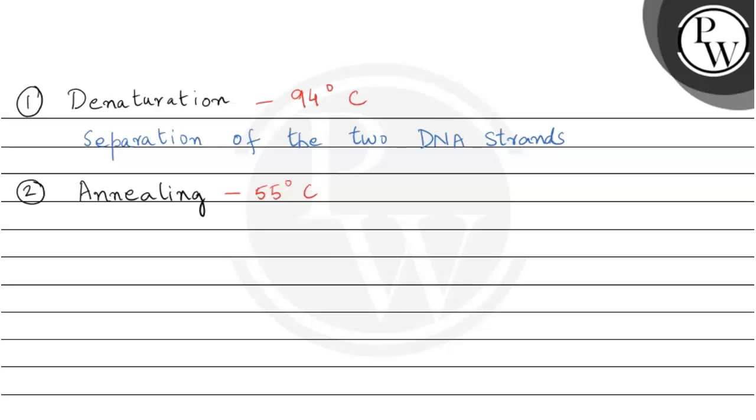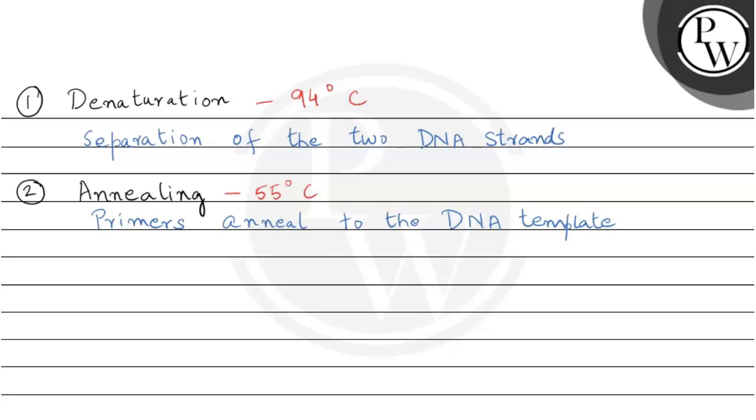Now annealing means that the primers, which correspond to the genes which we want to amplify, will anneal to the DNA template at their respective positions where they have complementary sequences with the separated strands present in the DNA template.